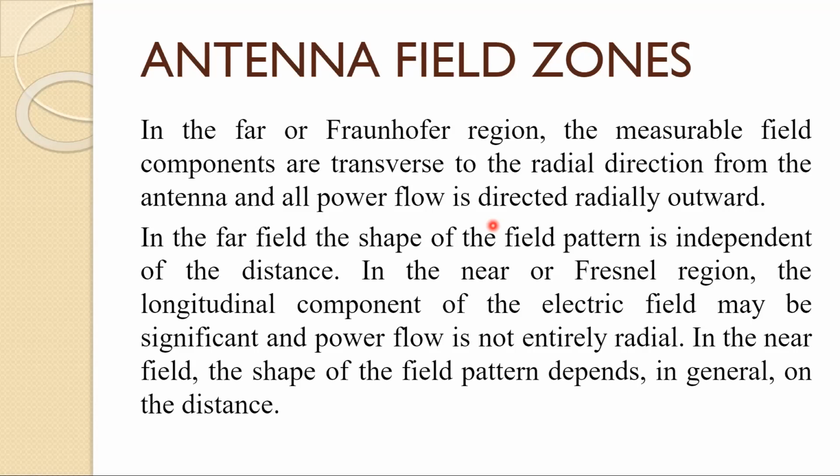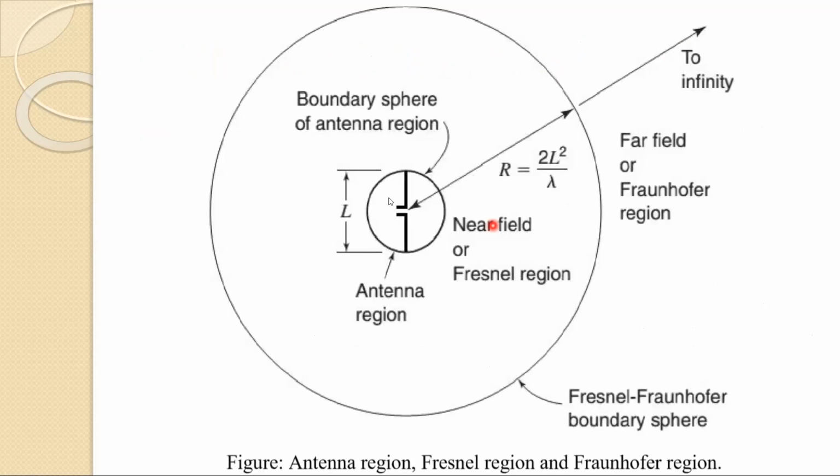This diagram will help you. This is the particular antenna. Up to 2d squared by lambda is called the near field or Fresnel field. This is the boundary sphere of the particular region.